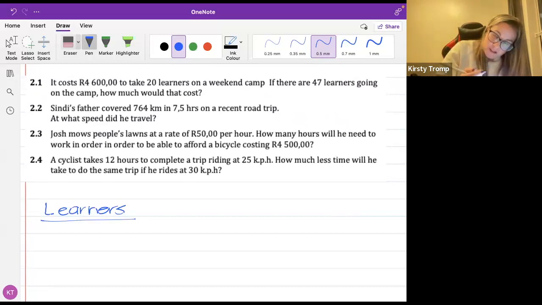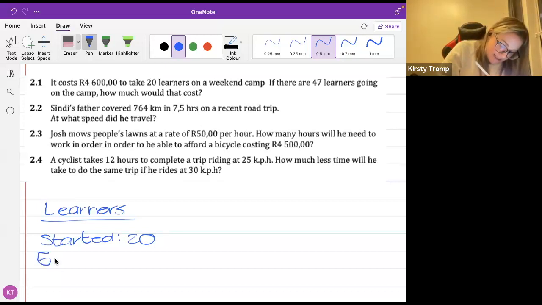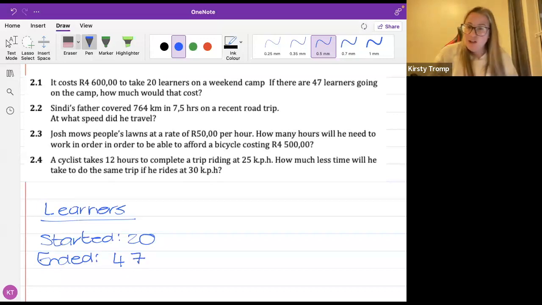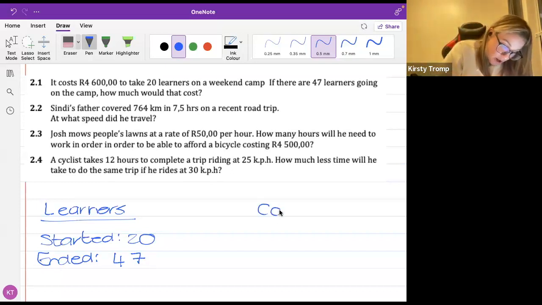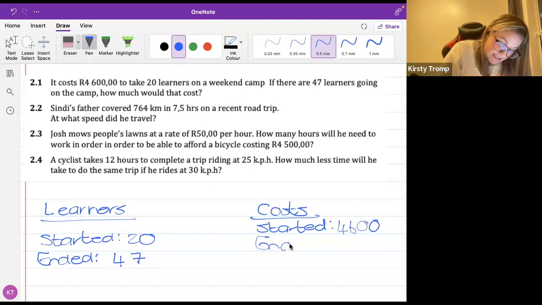first of all, we started with 20, and now we are ending with 47. So if we're looking at the learner side of things, we're starting with 20 learners, we're ending with 47 learners. If we're looking at the costs, we started with 4,600 and we ended with we don't know how much.